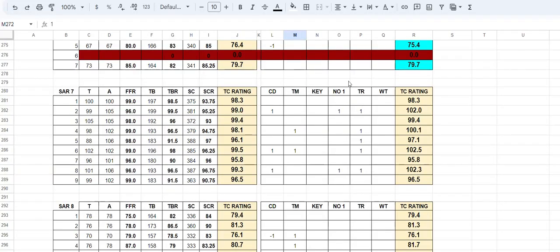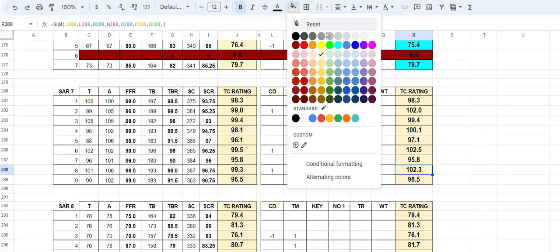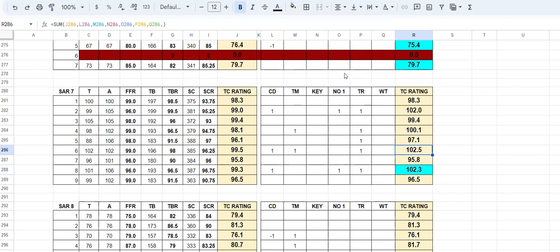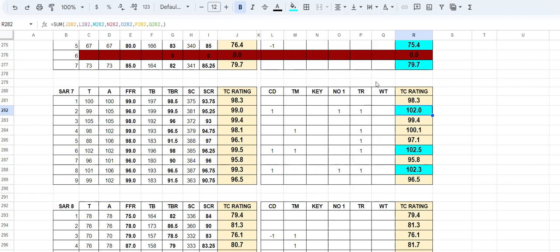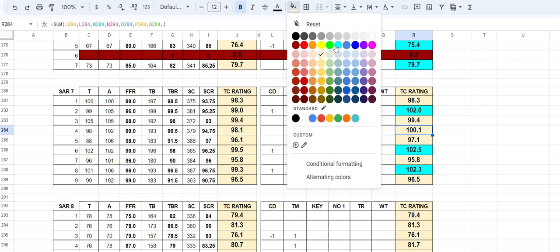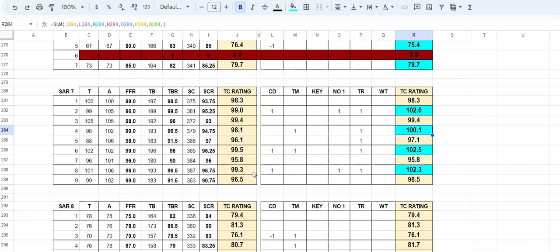Okay, back to the board. We have 3 horses showing up in the 102s. The 2, the 6, the 8, and then we have a 100.1. And as you can see, they were all helped and aided by the qualitative factors. If we were to compare this over here, let's see who would be dropped out.